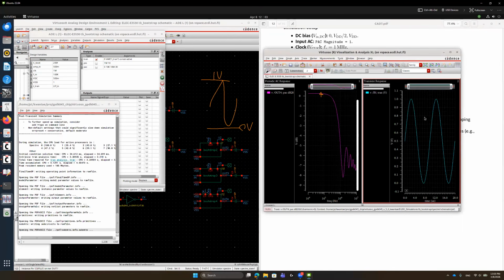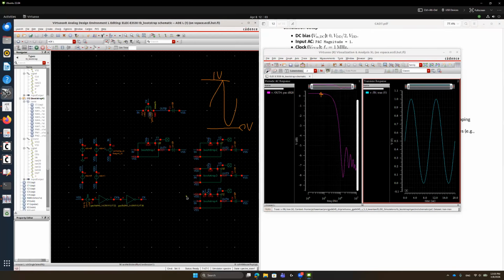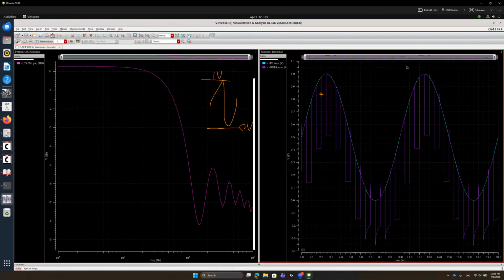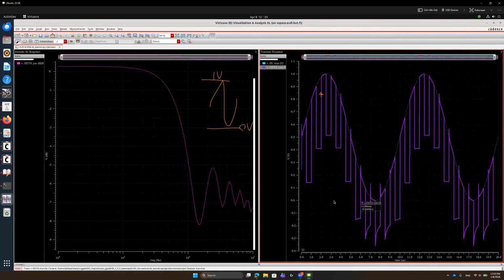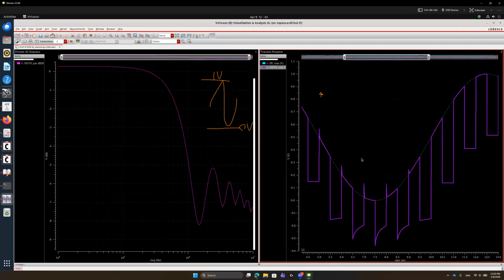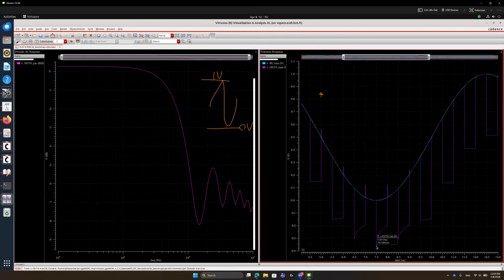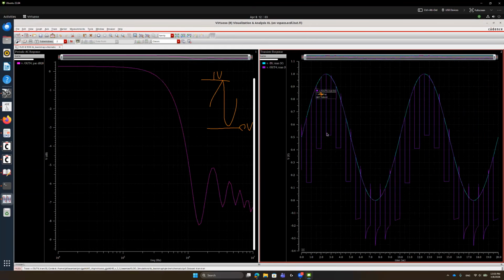Okay, if I refresh it, then yeah, this is 1 volt to 0 volt swing. And if I plot alpha 4, then let's see what happens. Yeah, looks like something is happening here, right? So it even touches negative volt, right? So what is happening here?